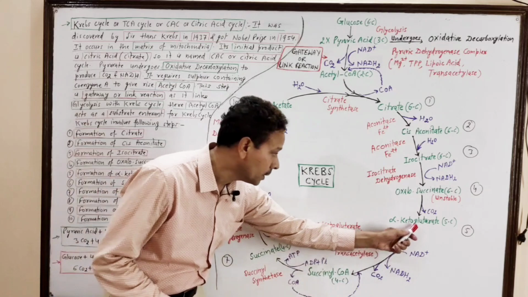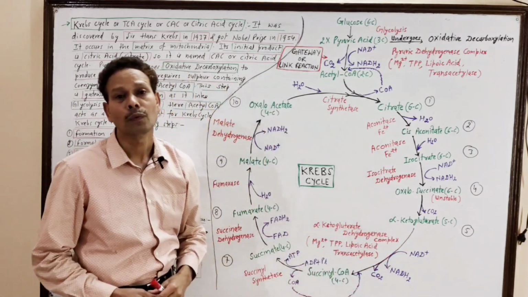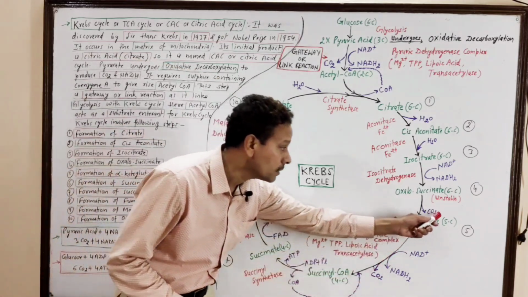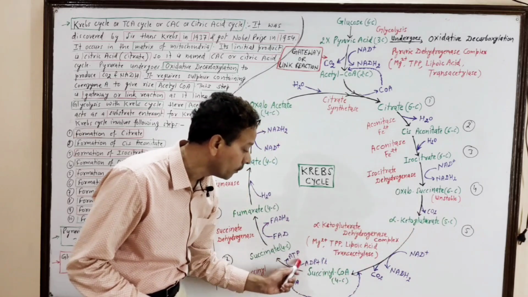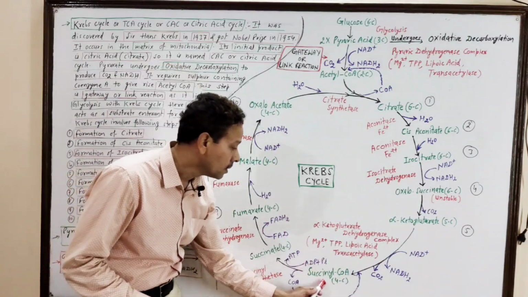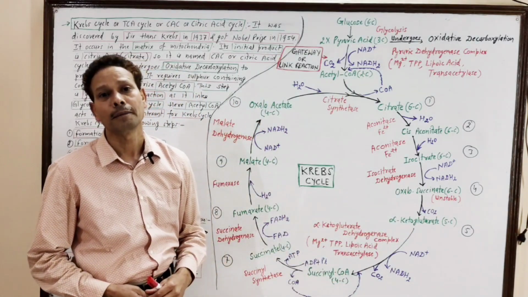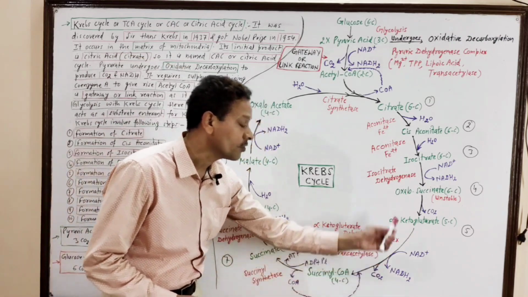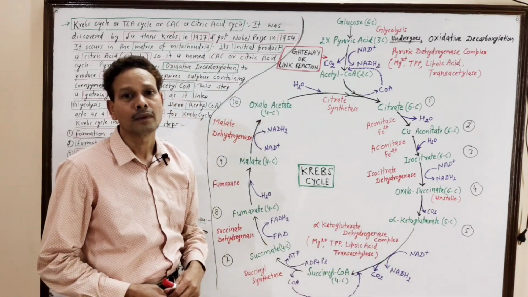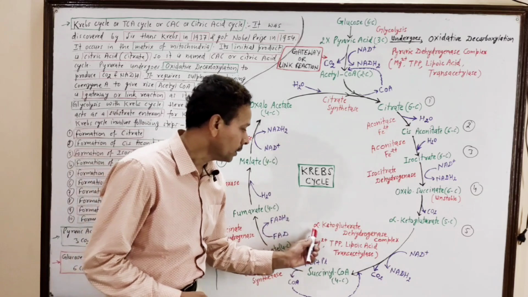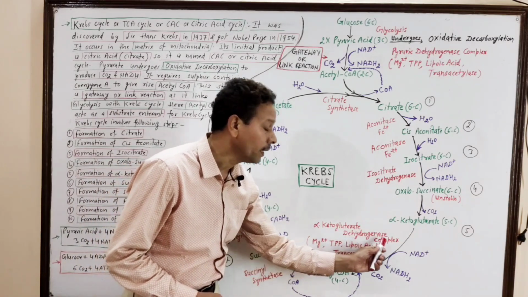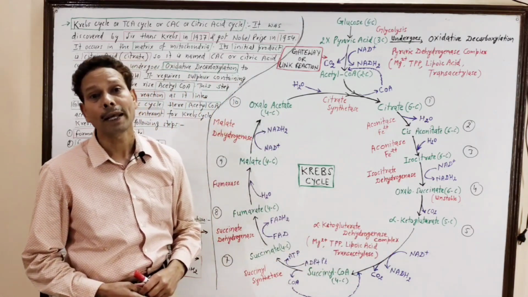It means this step again removes one CO2. As a result, this 5-carbon compound changes into a 4-carbon compound, that is succinyl coenzyme A. And this entire reaction involves the alpha ketoglutarate dehydrogenase complex.